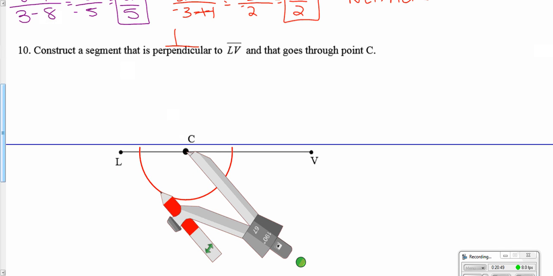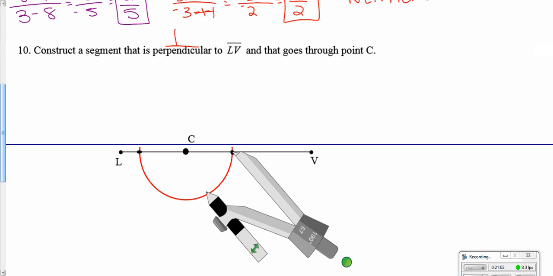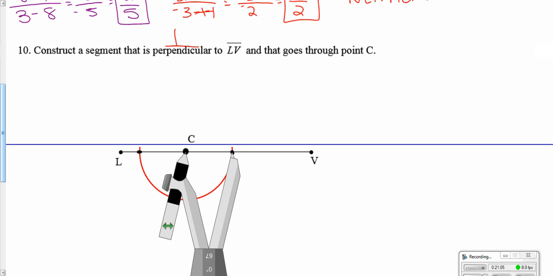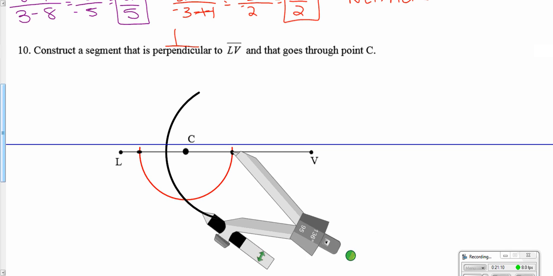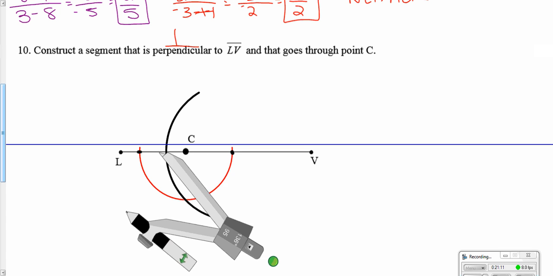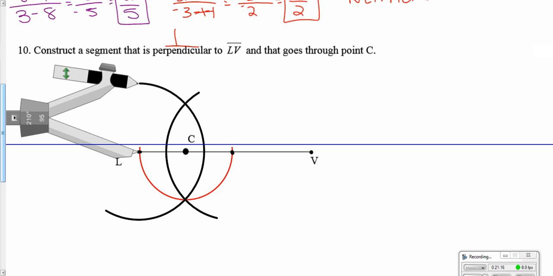So now I have these 2 points right here where my arc crossed my line. Both of those points are equidistant from C. So I'm going to use those 2 points to do a mini perpendicular bisector construction to get my perpendicular line. So open it up more than halfway. I draw my arc and then bring it over to the other spot. Draw my arc.